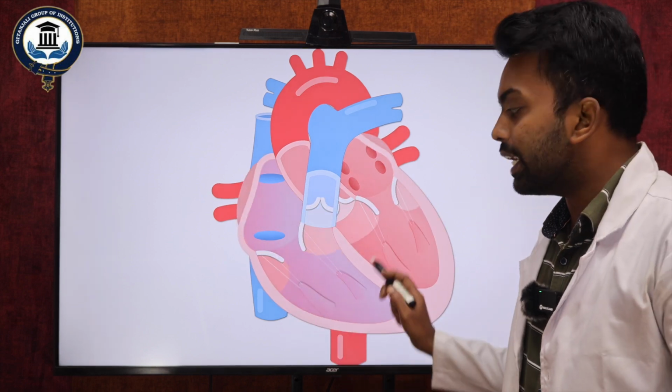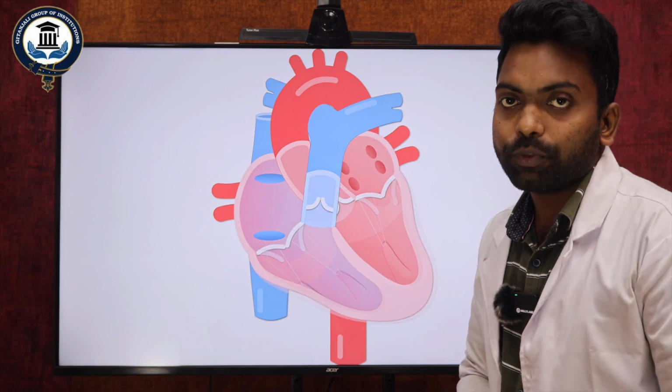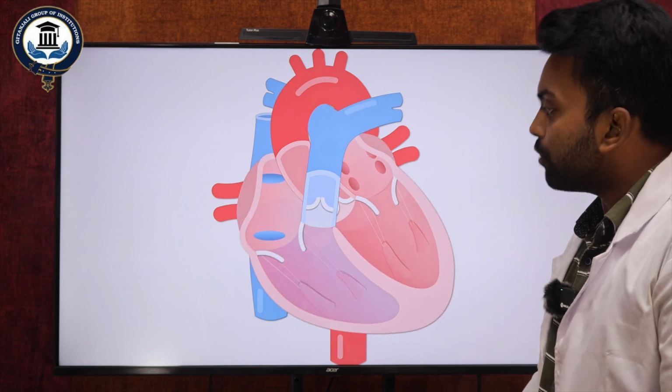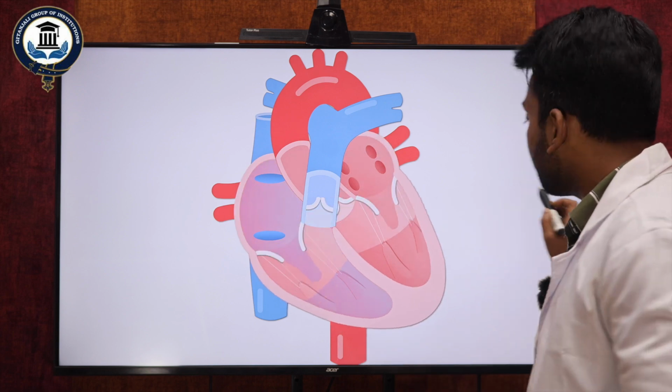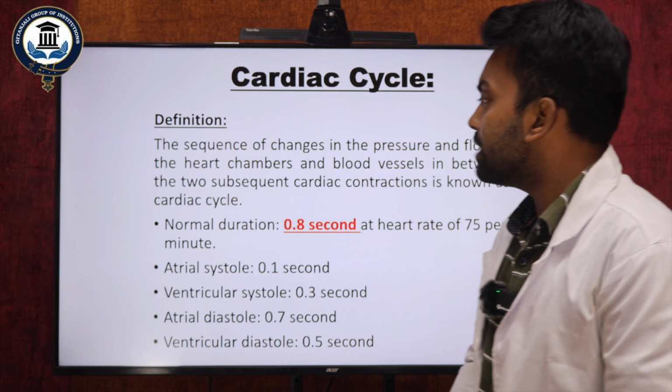When both ventricles relax, then the upper two chambers go into diastole. It is a simultaneous process. By observing this picture, you can understand what exactly the cardiac cycle means, and you can see the definition here.